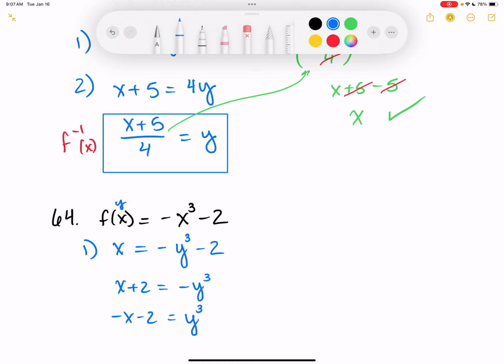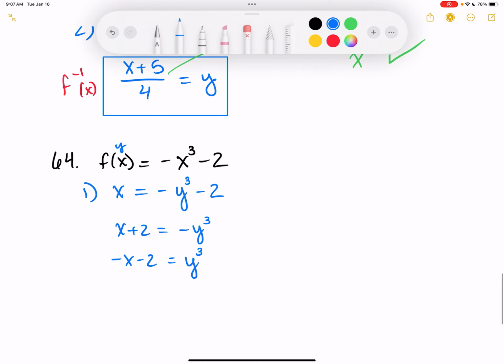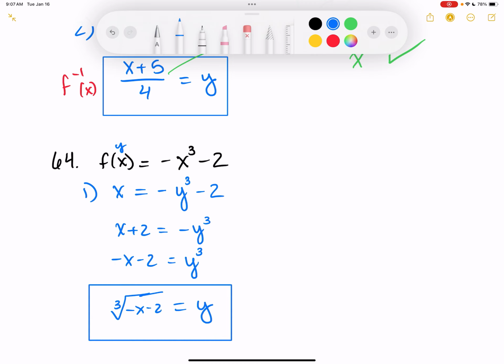And to undo a cube, I take the cube root, so my final answer is going to be the cube root of negative x minus 2 is equal to y. And this would be my inverse to the original function.